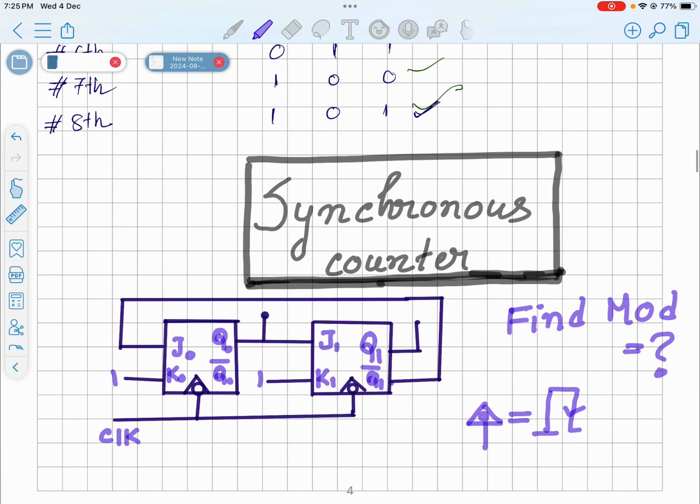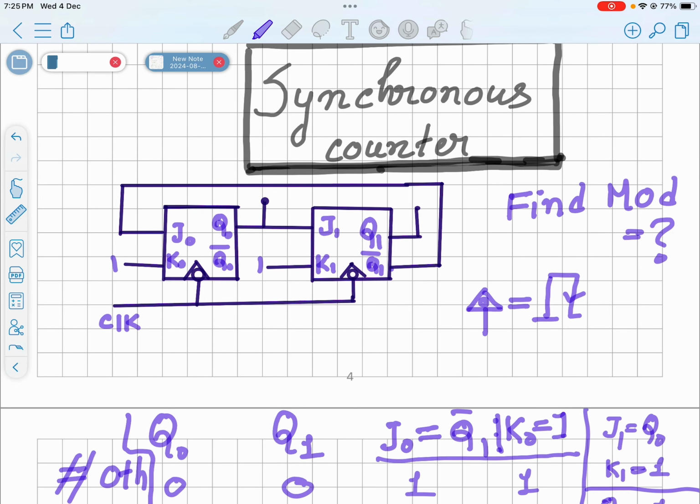Remember one thing, in a synchronous counter we don't assign the LSB as we discussed in the asynchronous counter, where the flip-flop to which the clock pulse is connected is the LSB. In this case it is not like that. We can just assume any flip-flop to be the LSB or MSB.